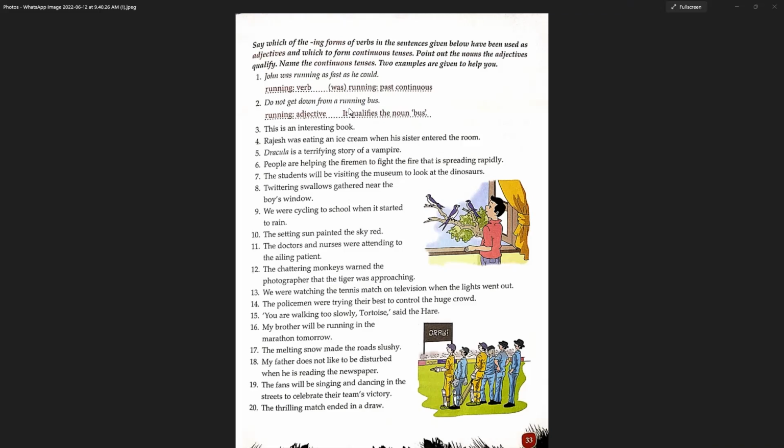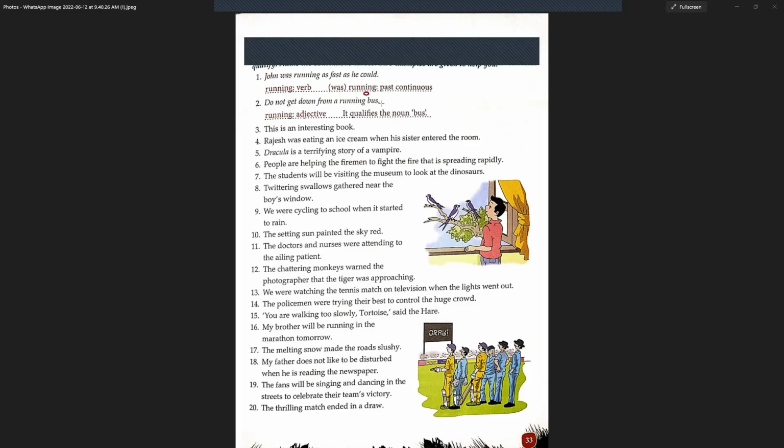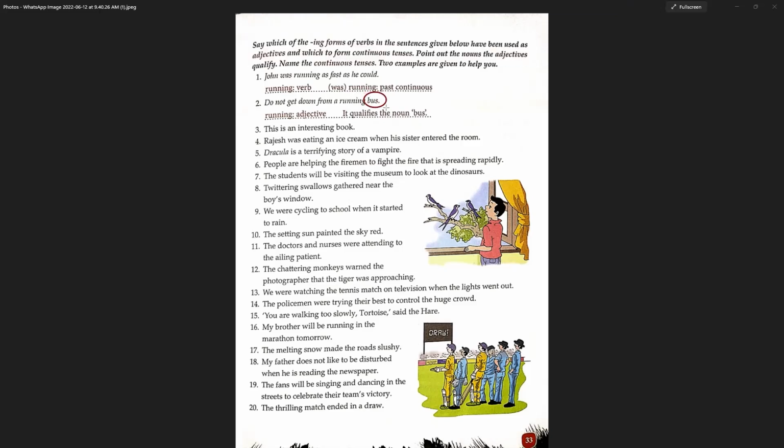There is no helping verb. Exactly, and the noun, the bus, is described using running, right? Shamas, this is the noun. Bus is the noun.